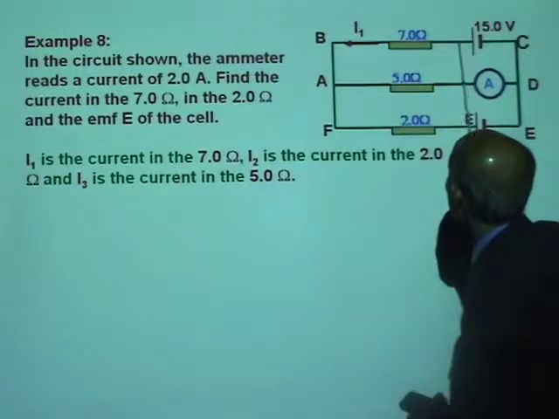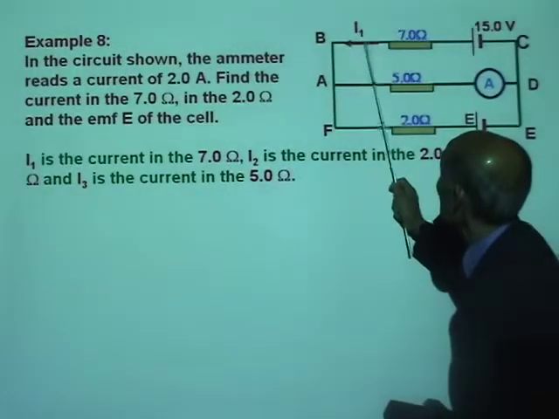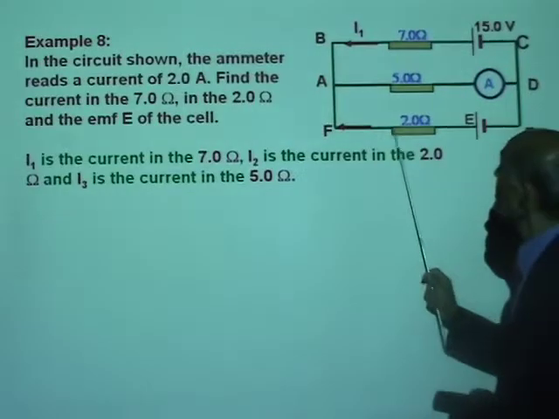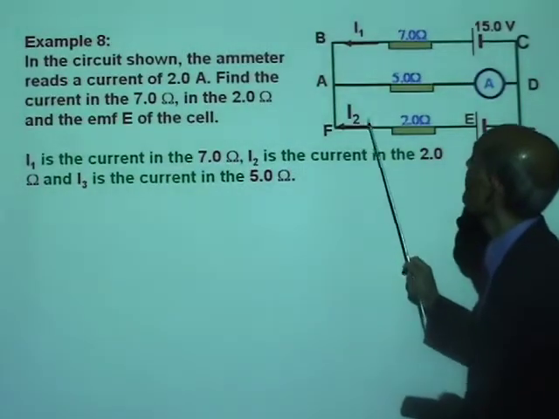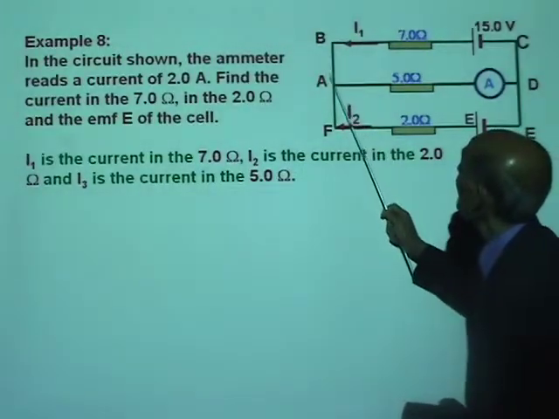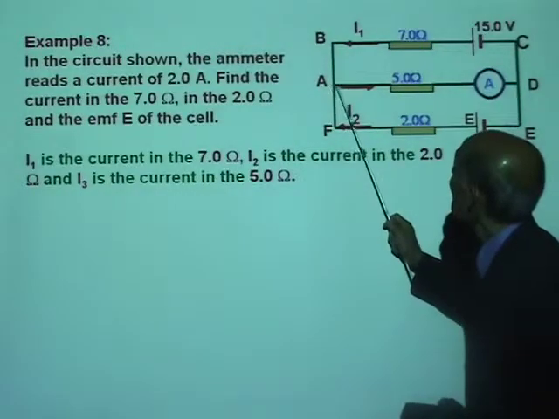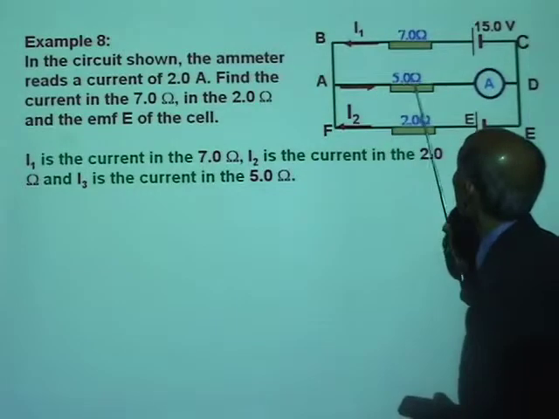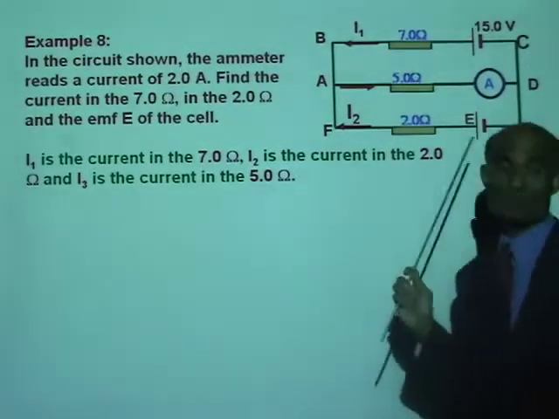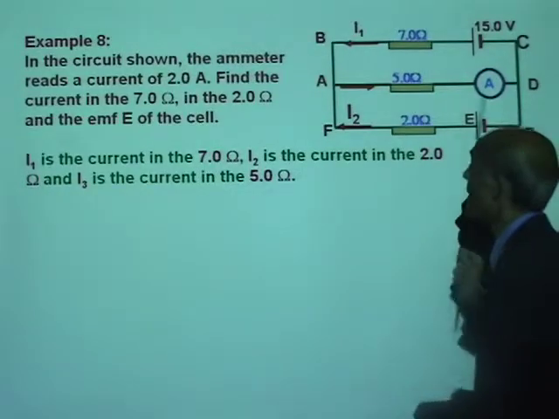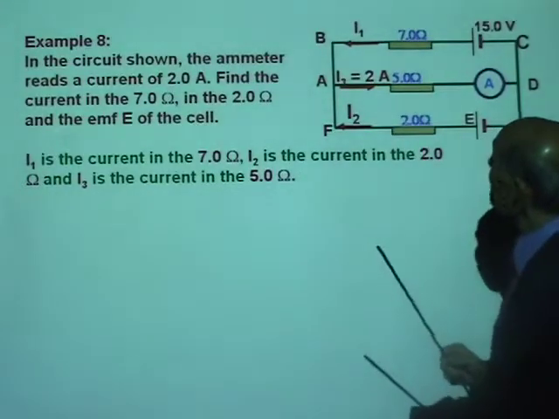This battery sends out a current I1 in the 7 ohm, and this battery sends out a current I2 in the 2 ohm. I1 and I2 meet at A, become I3, and go through the 5 ohm. That's what we have chosen to do. Once this is done, our task is much simpler.